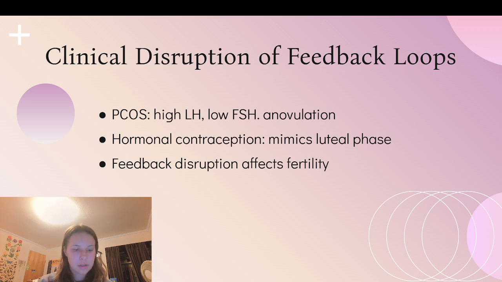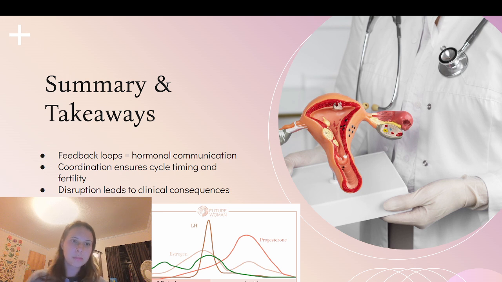Multiple small follicles accumulate, but none mature. Hormonal contraceptives work by mimicking the luteal phase, providing synthetic estrogen and progesterone to suppress GnRH and prevent ovulation. Understanding these feedback mechanisms helps us to diagnose and treat reproductive disorders.